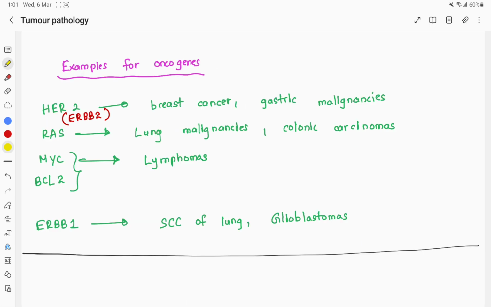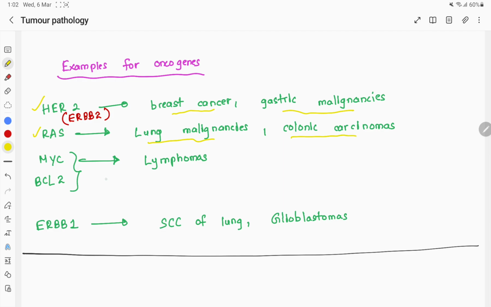There are some examples of oncogenes. There is excess production of HER2 receptors in breast cancers and gastric malignancies. Mutated RAS you can see in lung malignancies and colonic carcinomas.